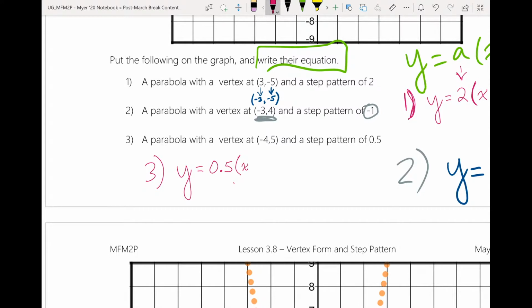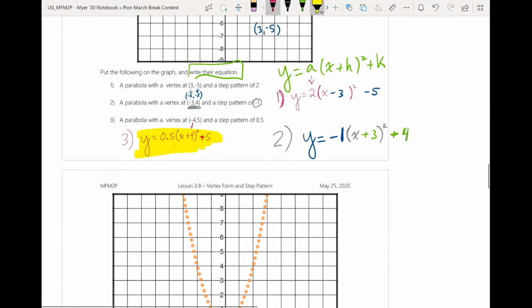And then x, and it's the opposite of this, right? Opposite, so it's plus 4 squared, and y never lies. So if that's plus 5, it stays plus 5 like that. So that's our equation.